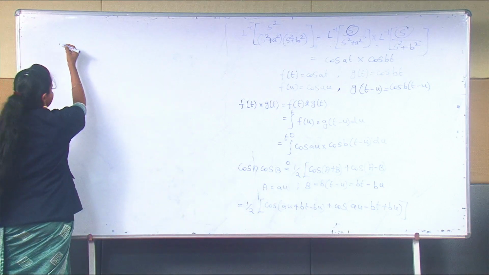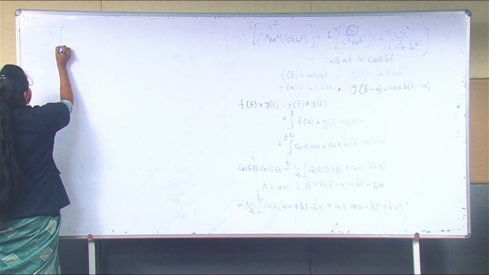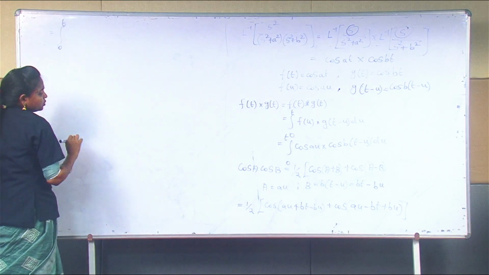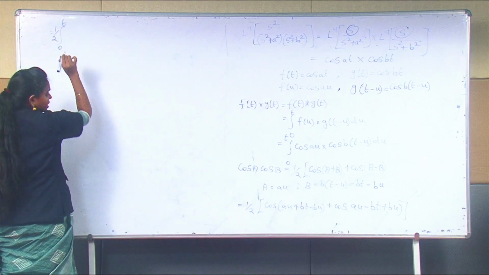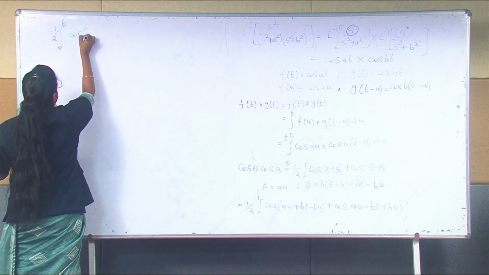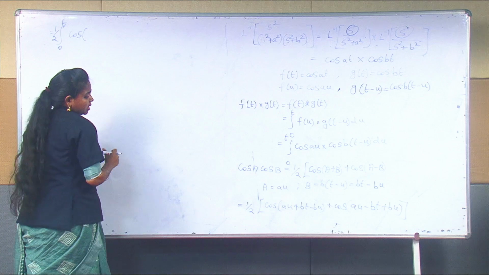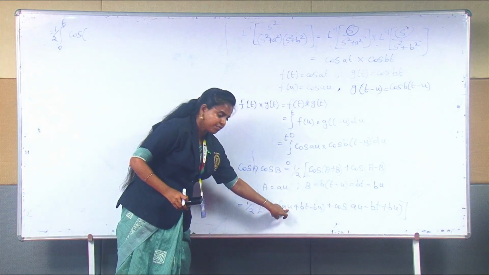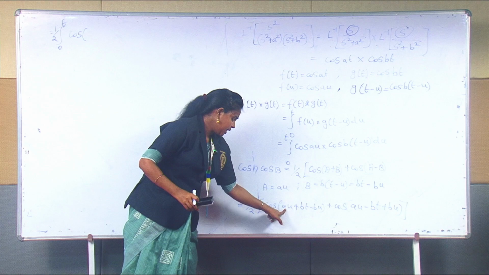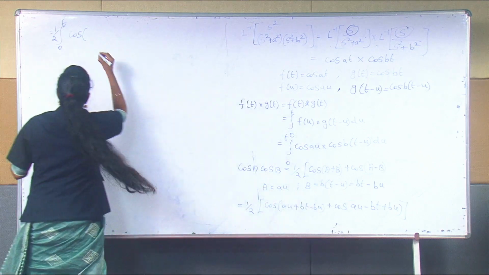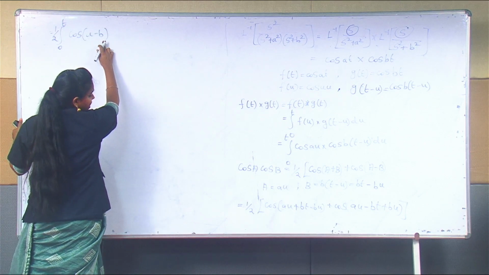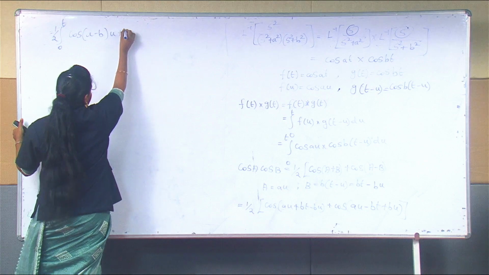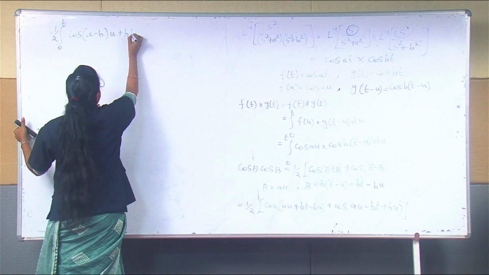Okay, here we are going to find the integration from 0 to t. 1 by 2 is a constant and next is cos of, here two terms in terms of u, right. So, I am taking A and B outside: cos of A minus B into u plus B into t.